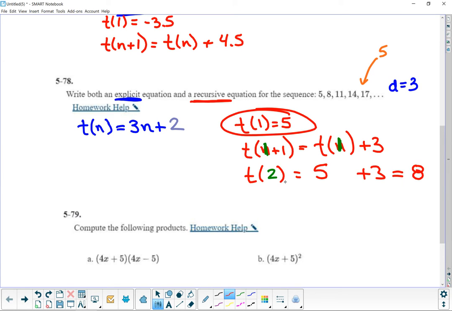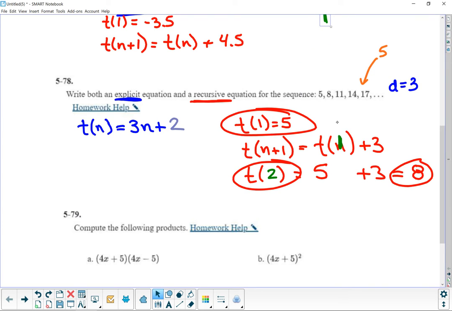Okay, and now that we know T of 1 and T of 2, we can do T of 3. And T of 3 is when we put 2 into our original equation. Because we know the 2nd term, T of 2, we can put 2 in here.